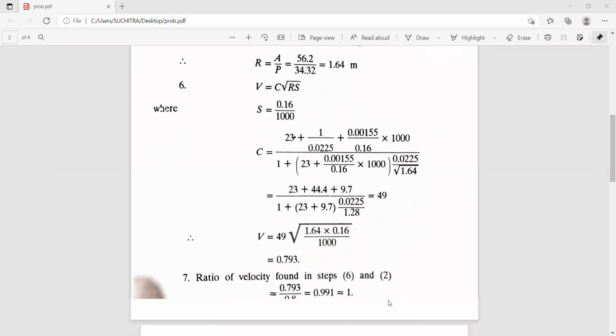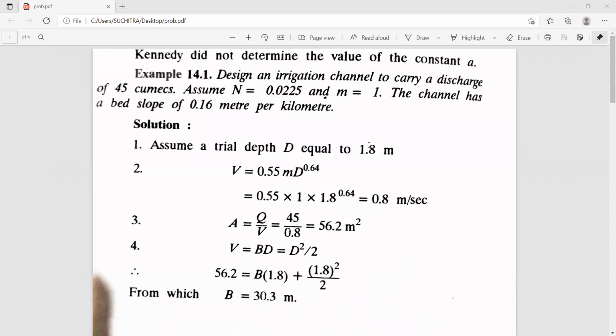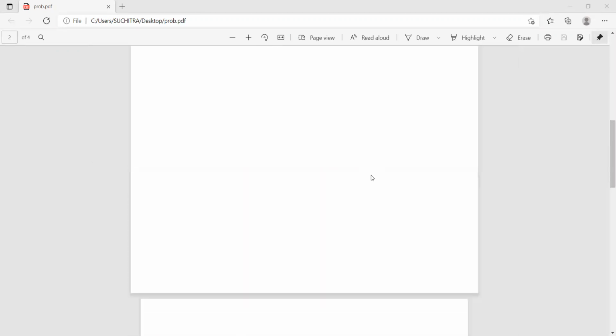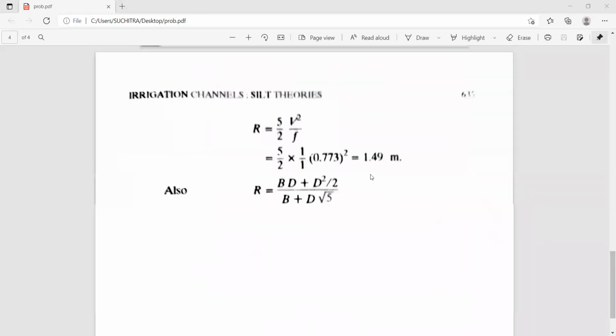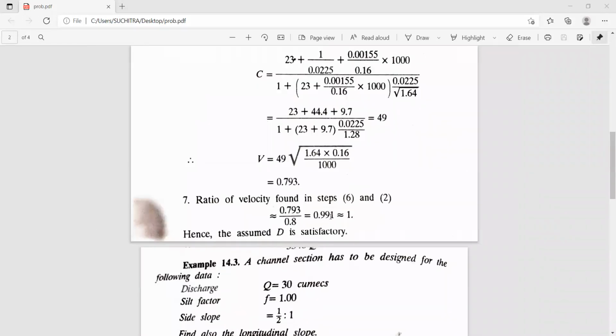So if that value is nearing 1, then whatever the assumed depth is okay. Otherwise, you have to change this assumed trial depth. Finally, that ratio of mean velocity by critical velocity should be nearer to 1. Then hence the assumed depth is satisfactory.